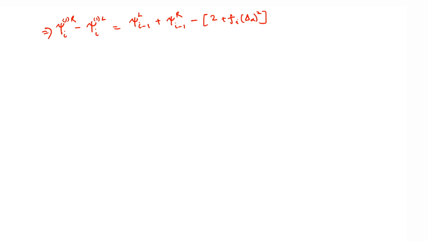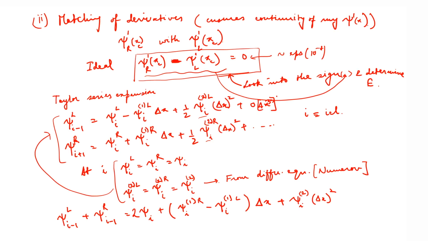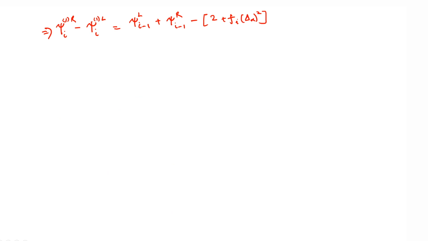So, how do I get f I? I get f I from the Schrodinger equation itself. I have my Schrodinger equation psi double dash equals f psi, so from there I have plugged in the value of psi double dash, all divided by delta x.